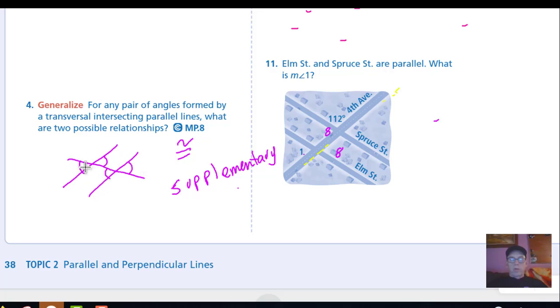We've got alternate exterior, corresponding, alternate interior. These other pairs are going to be supplementary to the ones that we just did. So the supplementary ones go with the dots, and the arcs go with the ones that have to be congruent.